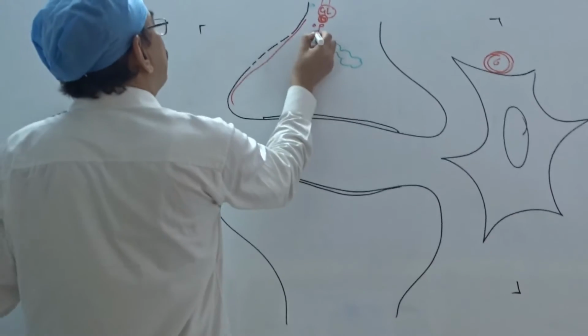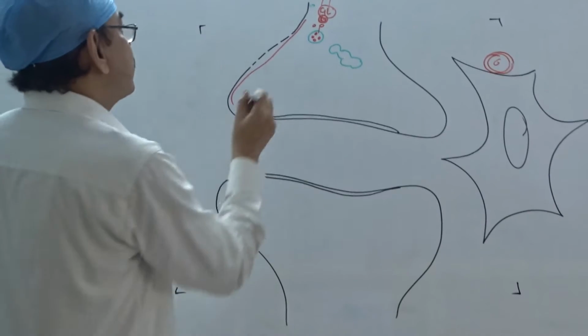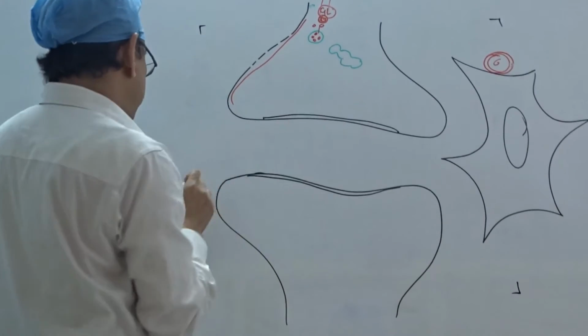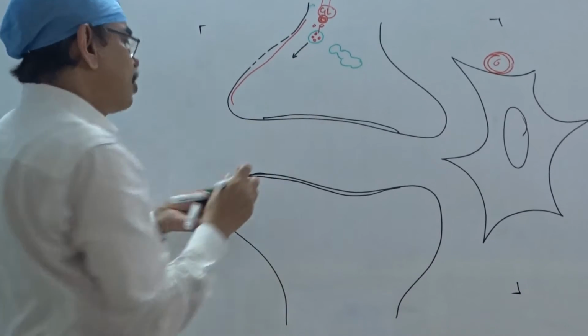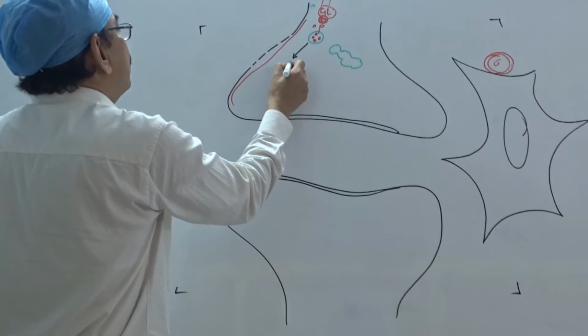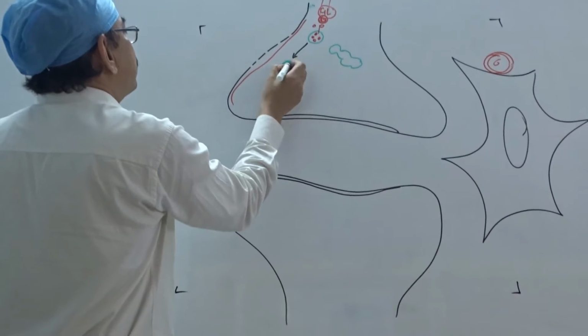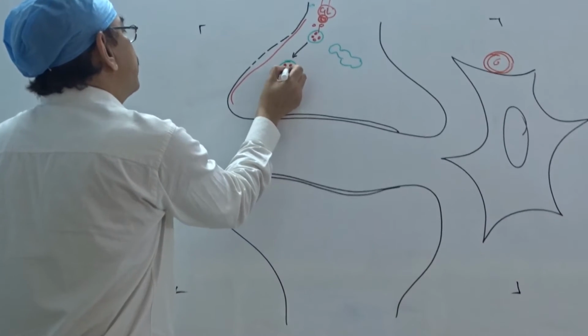After they are filled up by these neurotransmitters, these clear vesicles are translocated. This translocated clear vesicles still contain those glutamates inside.